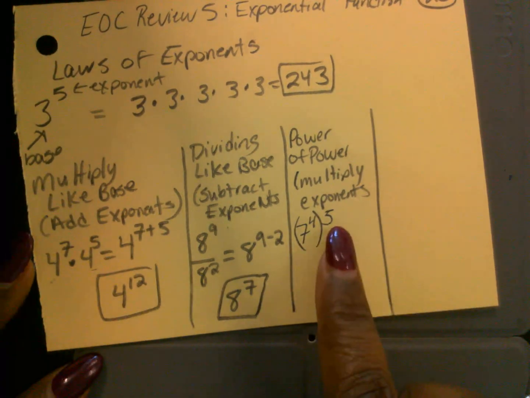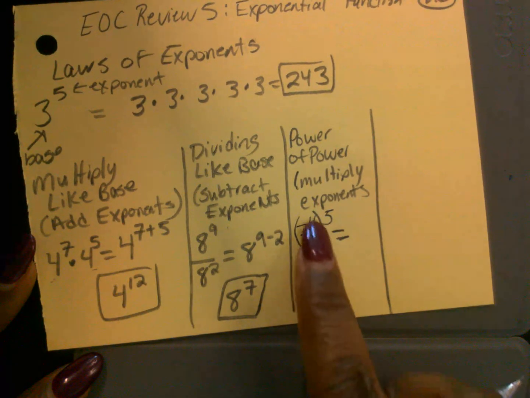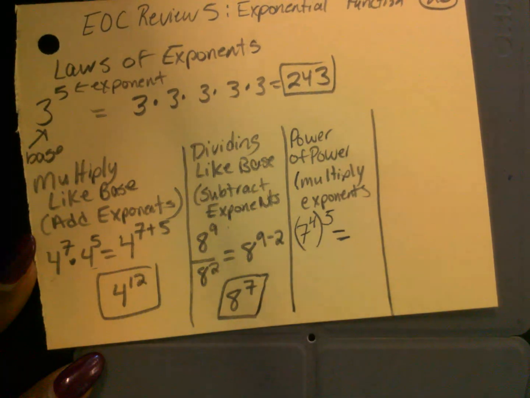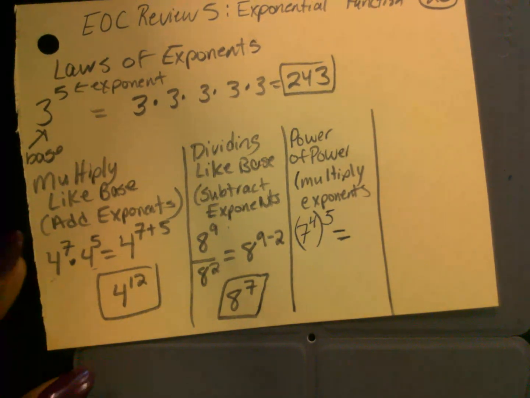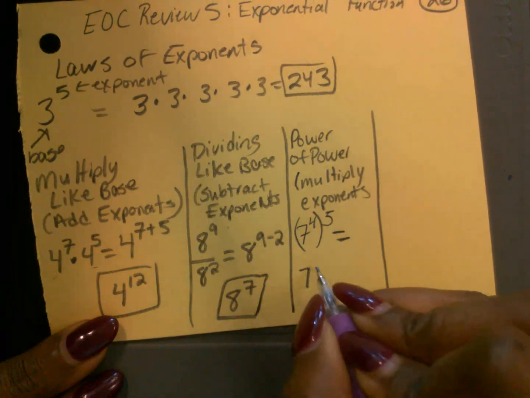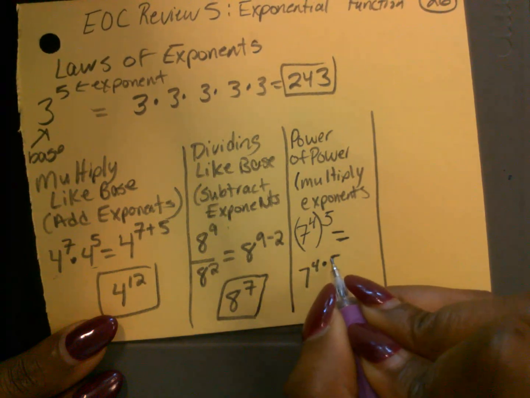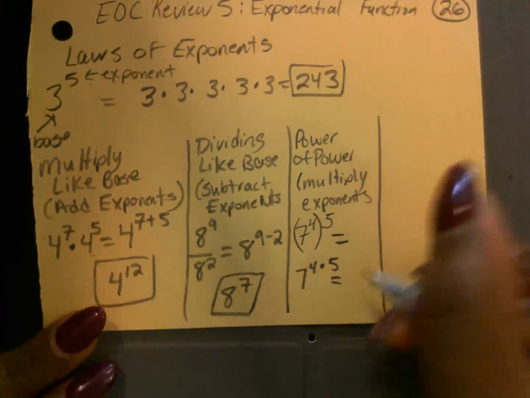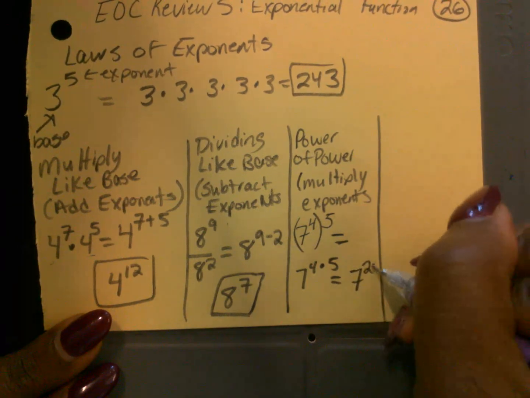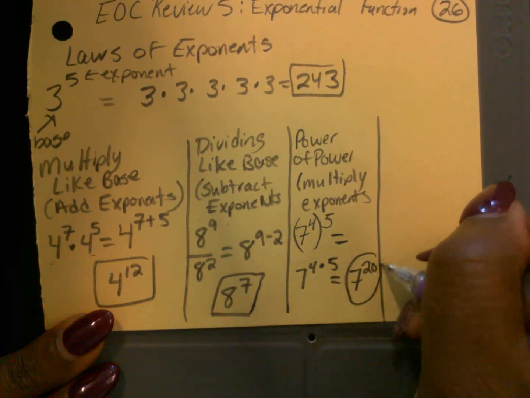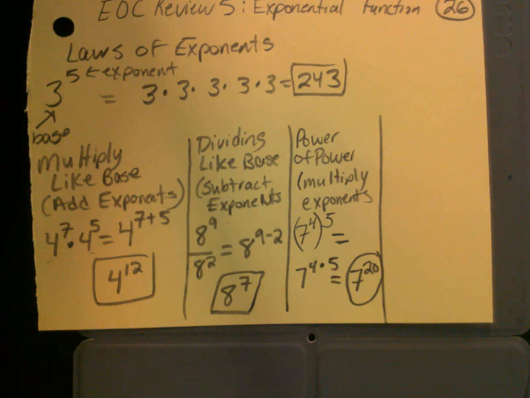This is saying that you're going to be multiplying 7 to the 4th power 5 times. So the shortcut way of doing that is to say 4 times 5. What's 4 times 5? 20. So it's 7 to the 20th power. I'm going to pause for the calls. Look at the differences between them so you can see when to do what.